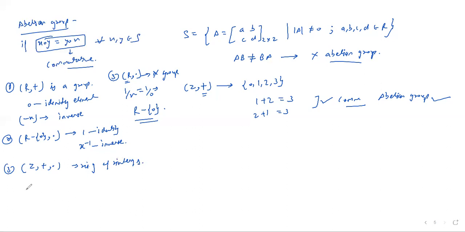Similarly, the complex numbers with addition and multiplication, the set of rational numbers excluding 0 with the dot, and the set of real numbers excluding 0 with the dot also form a ring. These are the basic groups that we are forming here, and their identity element and inverse we have discussed. Now let's see the part of rings and fields.